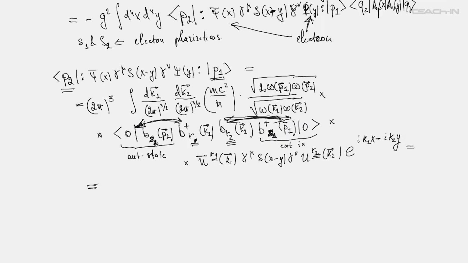But we fix these helicities. Now, these helicities, which are labeled by R1 and R2, are considered as summation variables, because over them we sum.